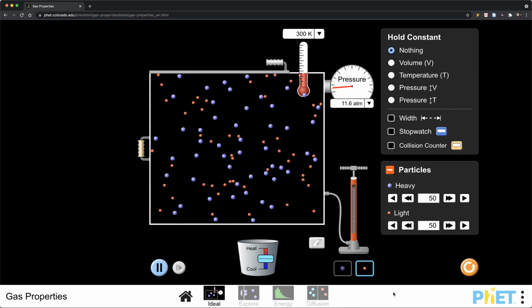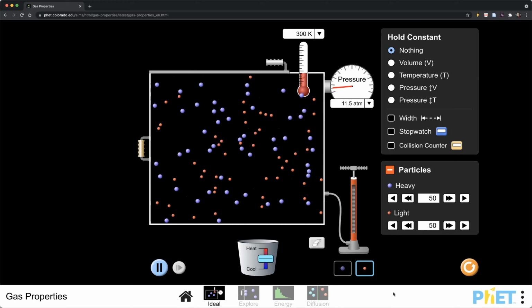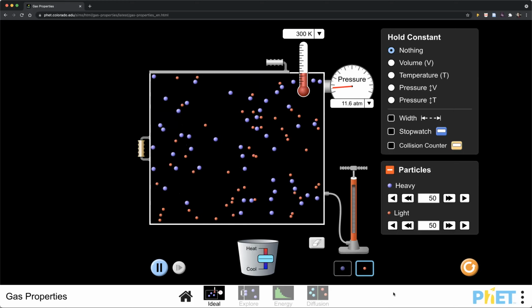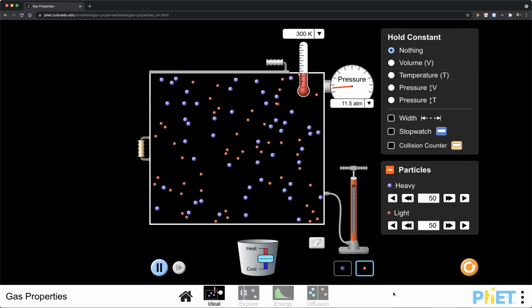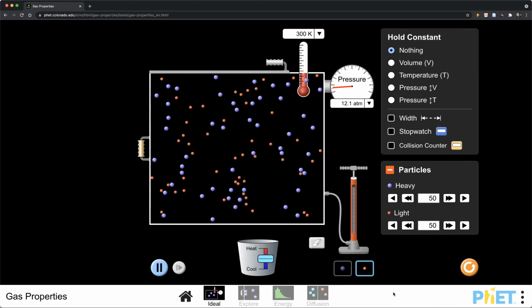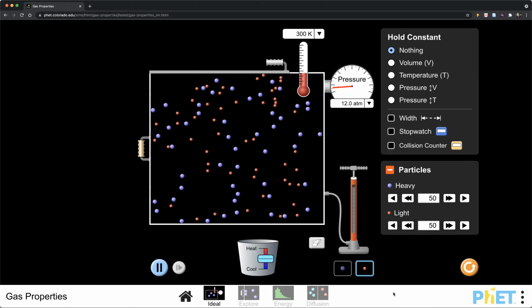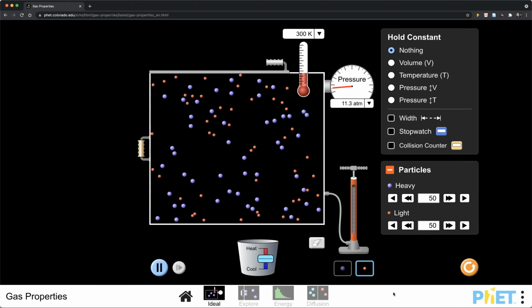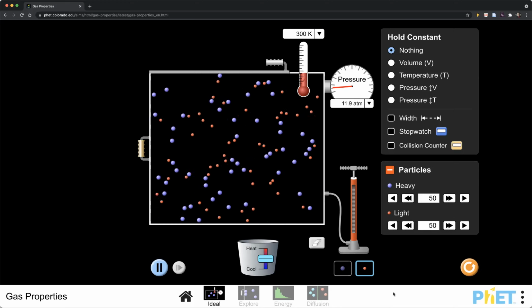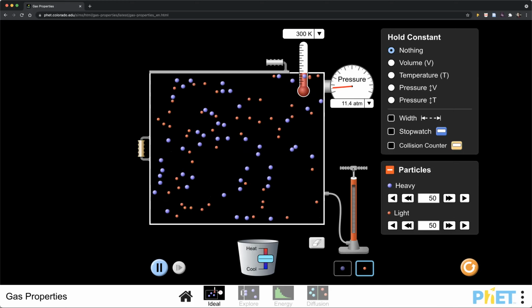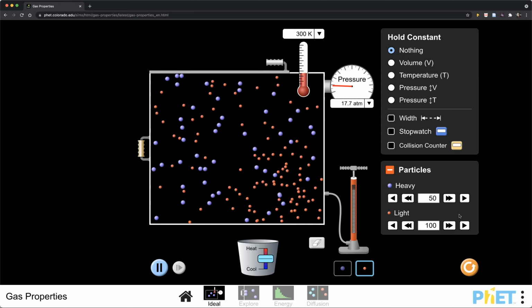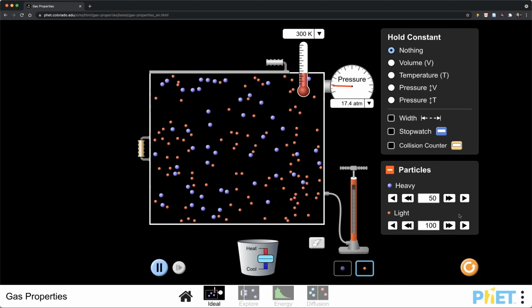What did you notice about the pressure? The pressure doubled when we doubled the number of gases. That means that if I were to add another 50, it should be triple.